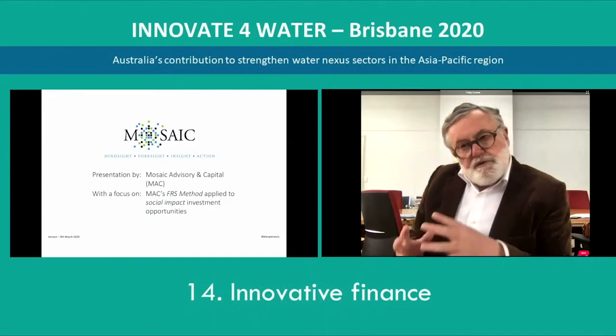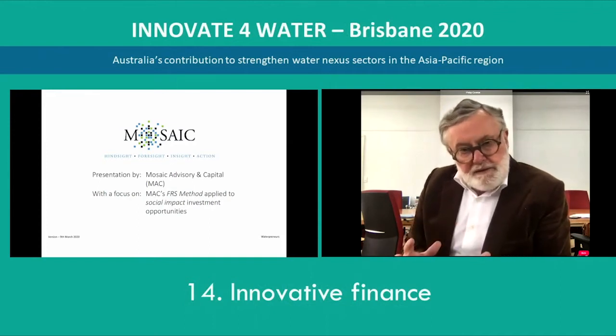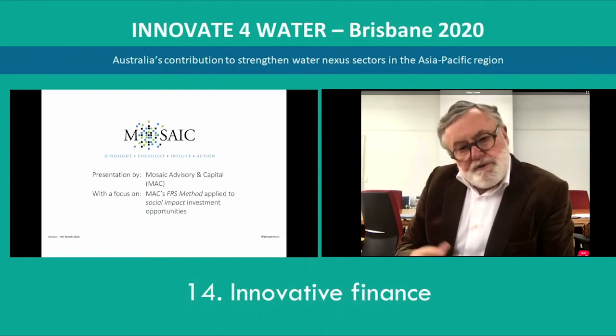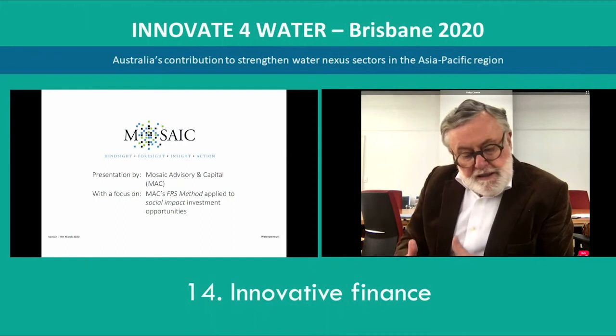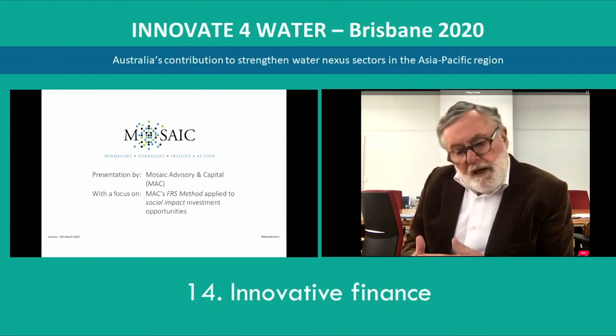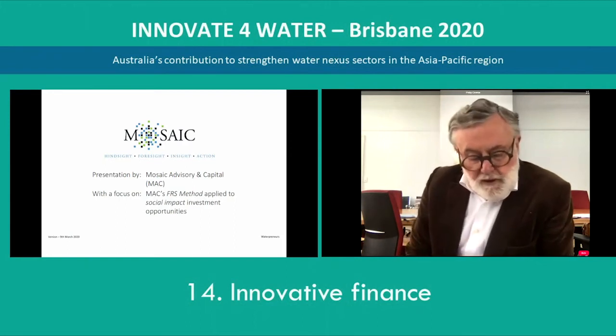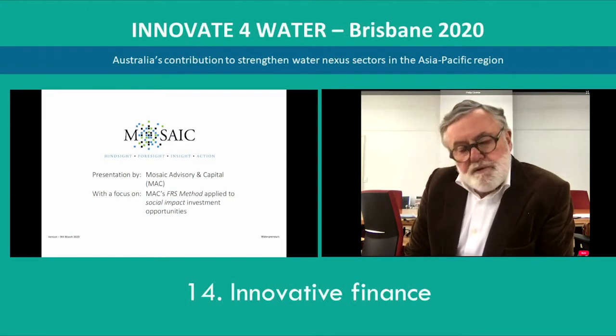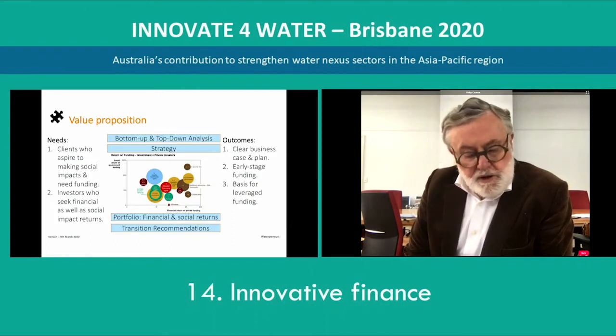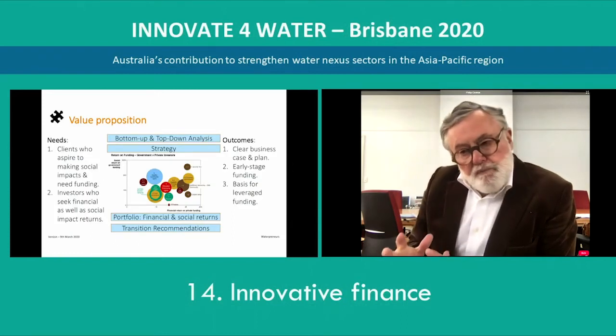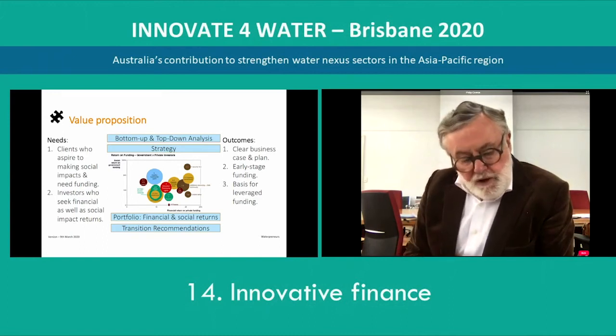So there's no shortage of demand, and there's really no shortage of supply. The barrier was how to unlock those flows. And the approach, which the shorthand term we use is FRS, which stands for Finance, Risk and Social Returns, bridges, if you like, or deals with those impediments to flows.